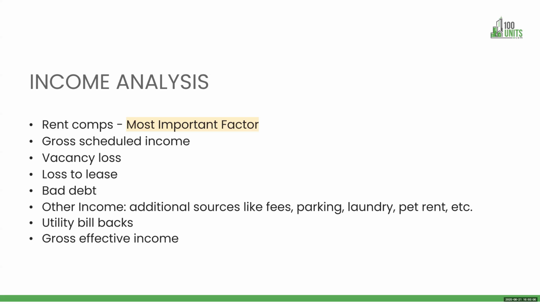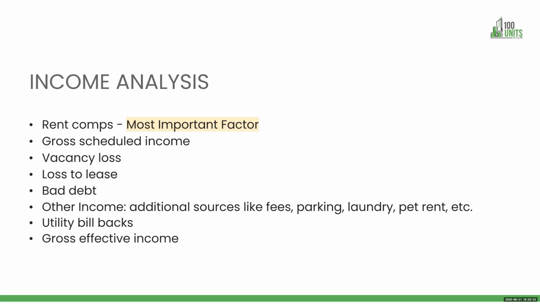So please, if you're doing nothing else when you're looking at an asset, get the income right, check the comps, make certain they're legit, make certain you can achieve the rents. If you're going to put your focus on any one particular thing, making certain you hit the income as close as you can, and being conservative when you're doing underwrite, that's going to be significantly worth your time.